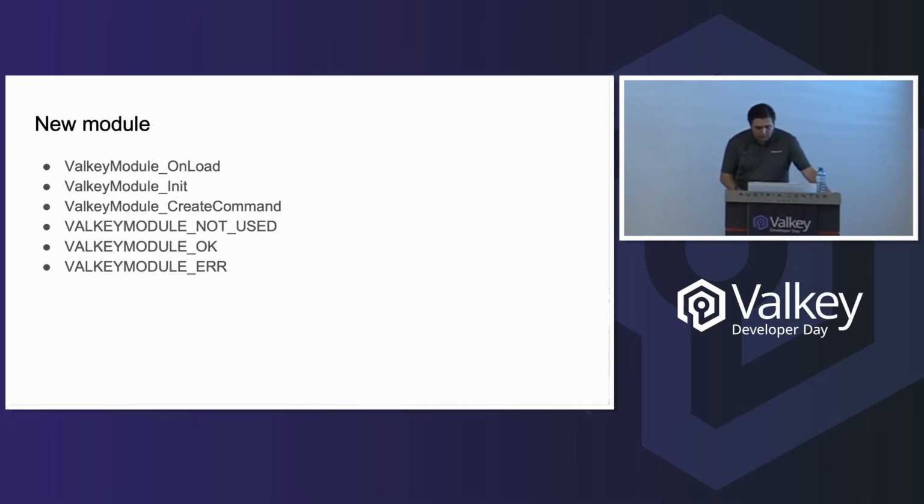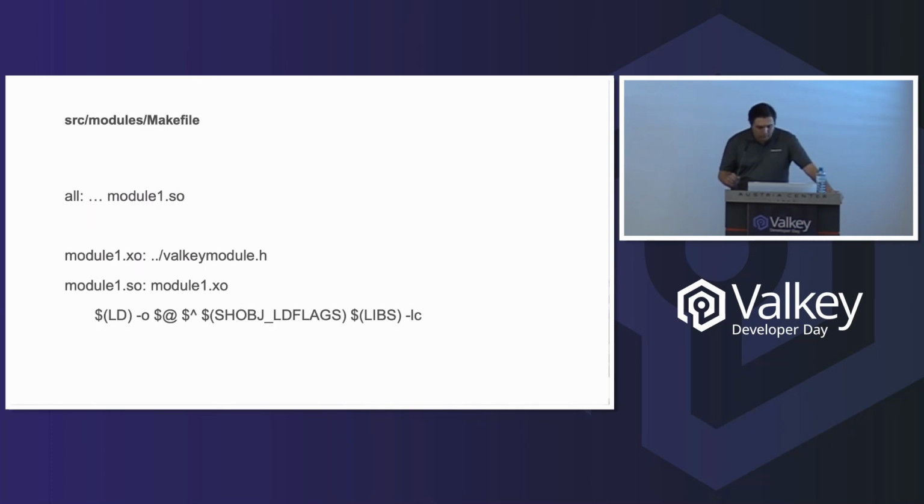Okay. So we talked about the onload, we talked about the init, create command, not used, that's if you're not using particular arguments. And there's also codes Valkey module OK and Valkey module err. And in Redis, they're just called Redis module OK and Redis module err. And also, it being C, you're going to have to make some small changes to a makefile.